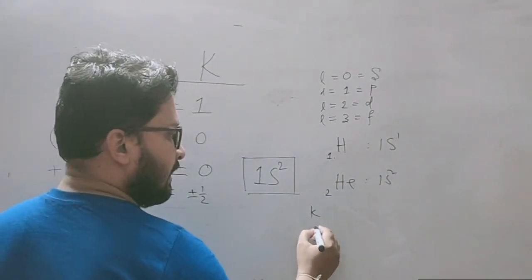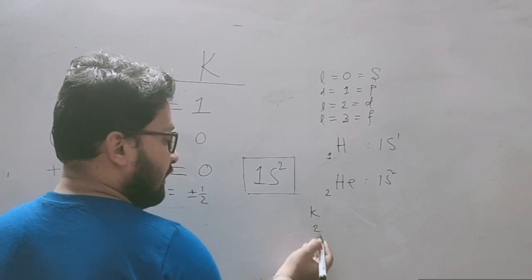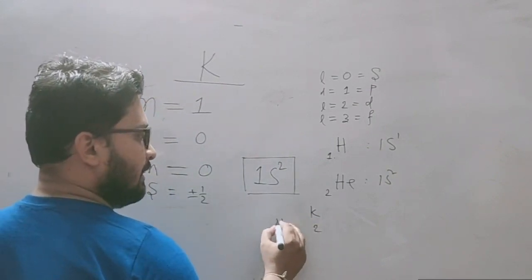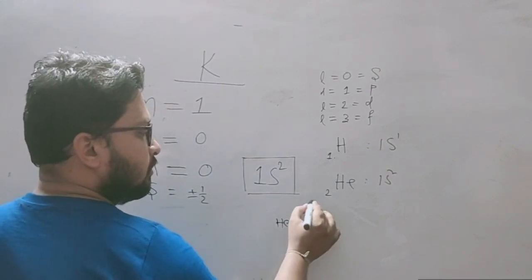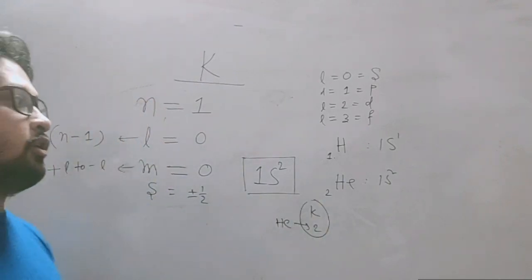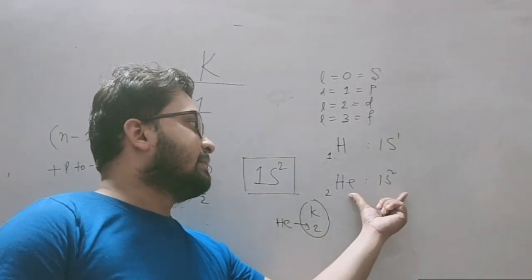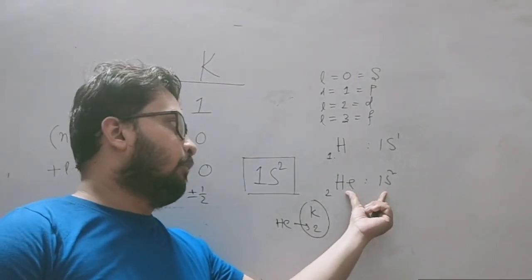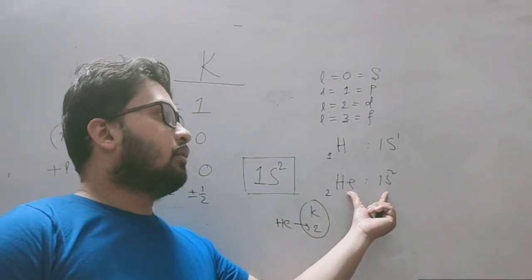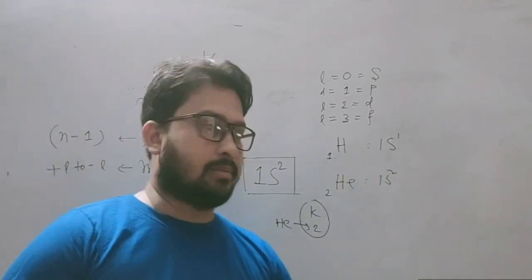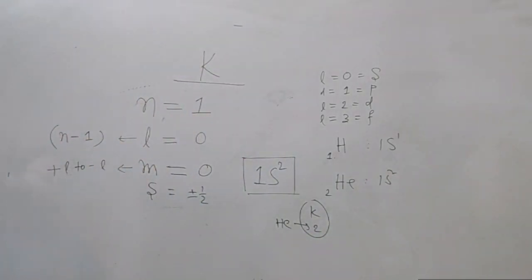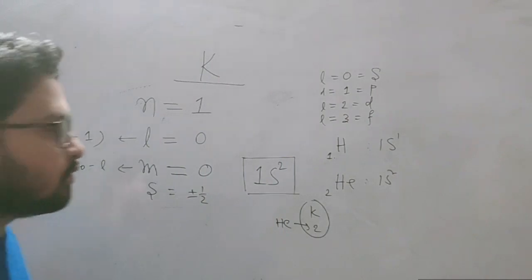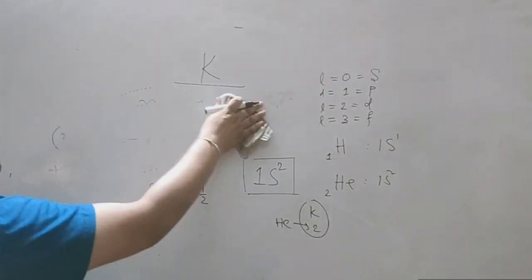Instead of K equal to 1 for hydrogen and K equal to 2 for helium, we can write this type of electronic configuration. This is the most applicable, most pure electronic configuration. Okay, so this is 1s1. Now what is for L?